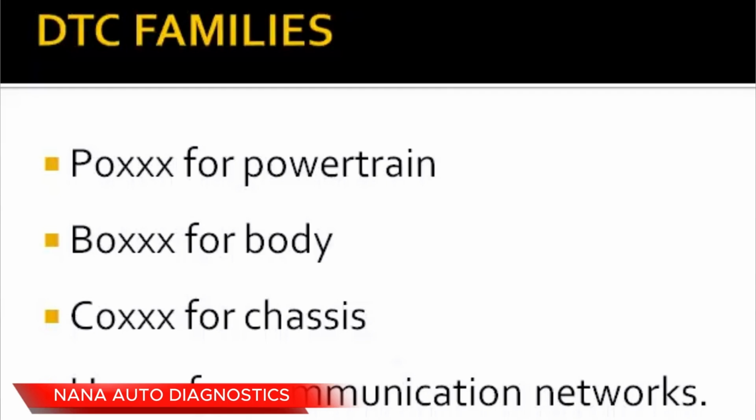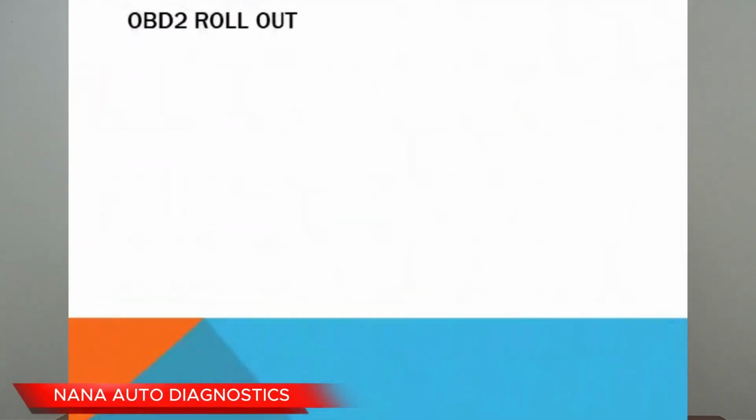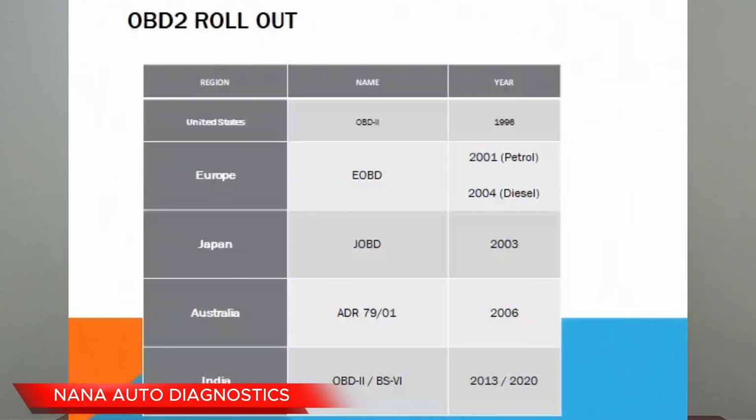It is also important to note that the OBD2 system took off in the US, but was adopted in different parts of the world. So let's look at how this system was adopted and the name that was associated to it in the different parts of the world. The US was the pioneer of this system in 1996, and it went by the name OBD2.